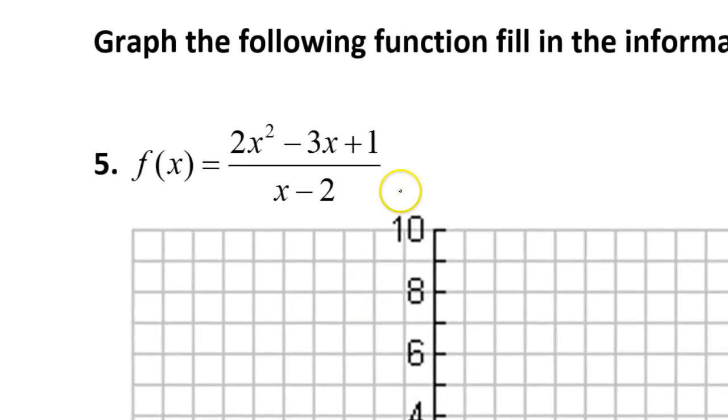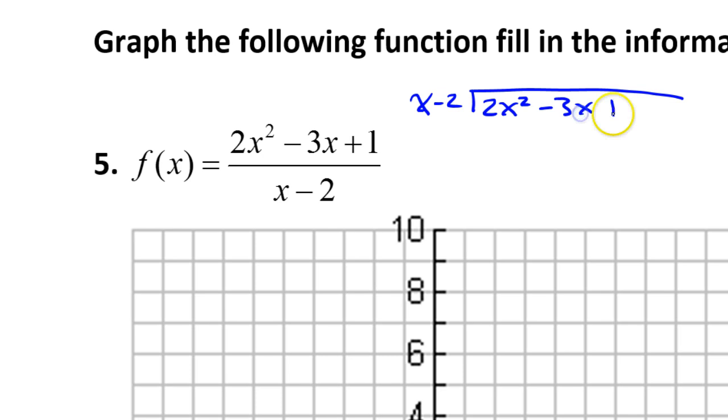So how do we find the slant asymptote? We do some long division. So we're going to do x minus 2 divided into 2x squared minus 3x plus 1. So if we do that, we're going to have x times what makes 2x squared? x times 2x makes 2x squared.